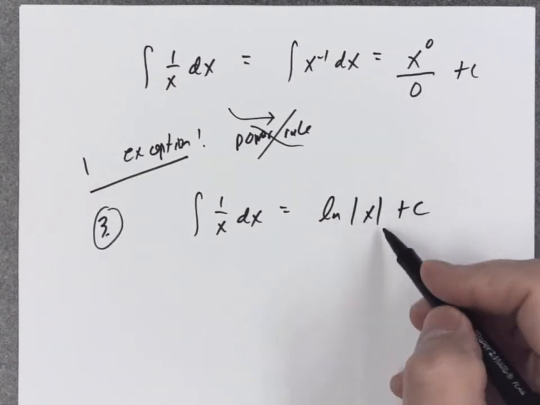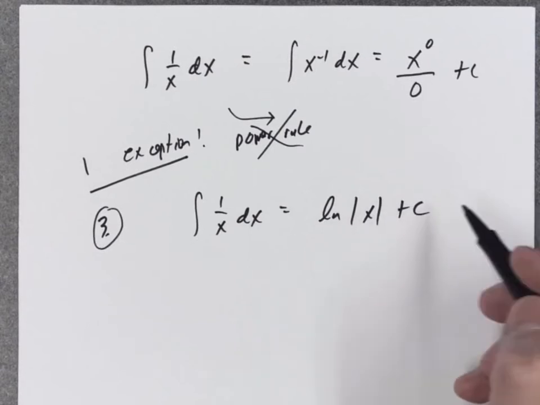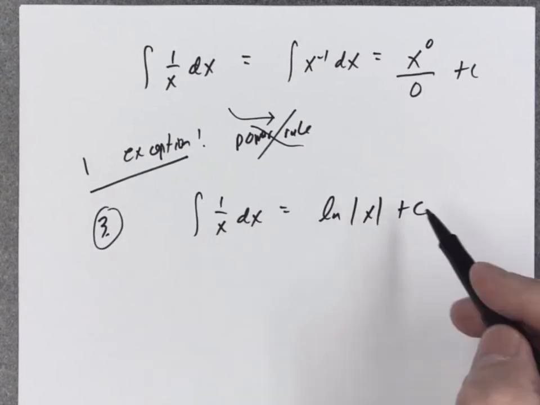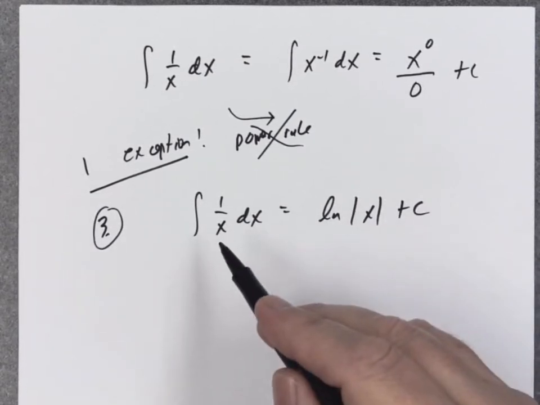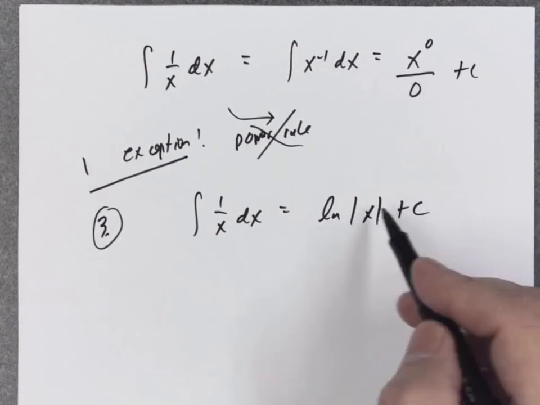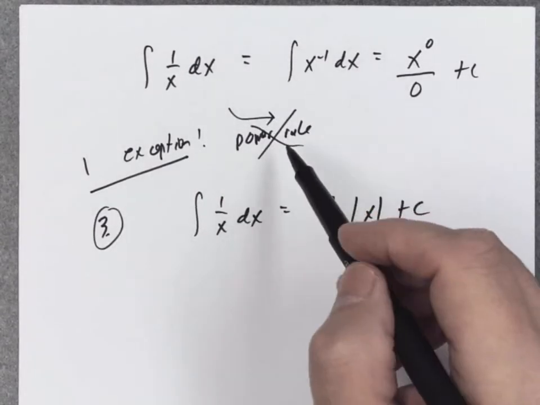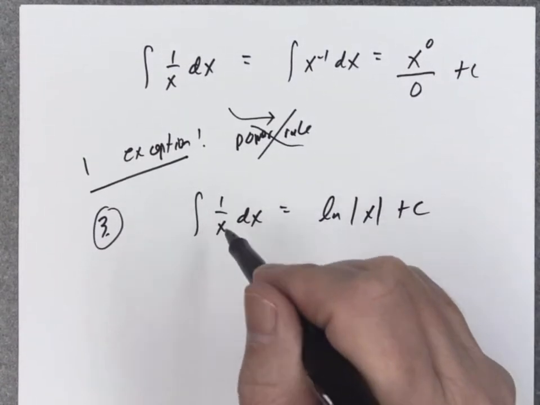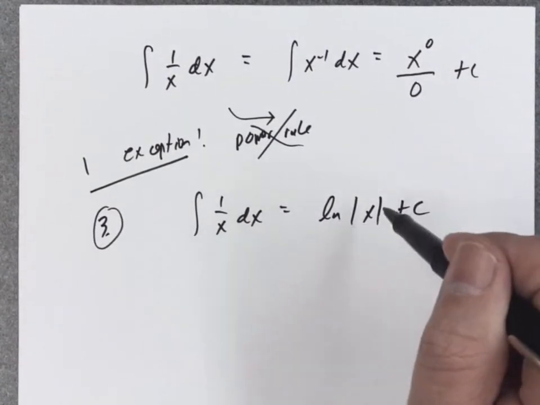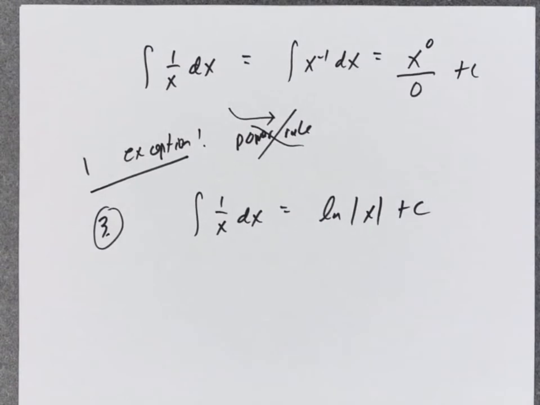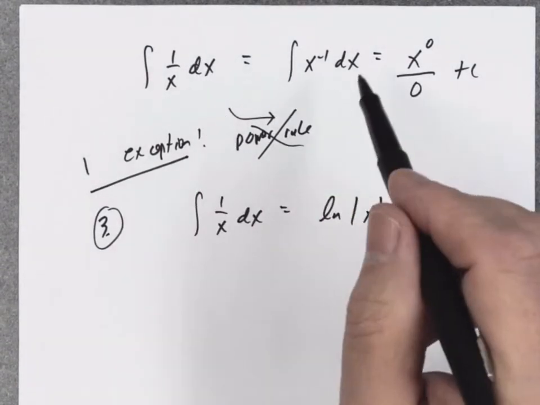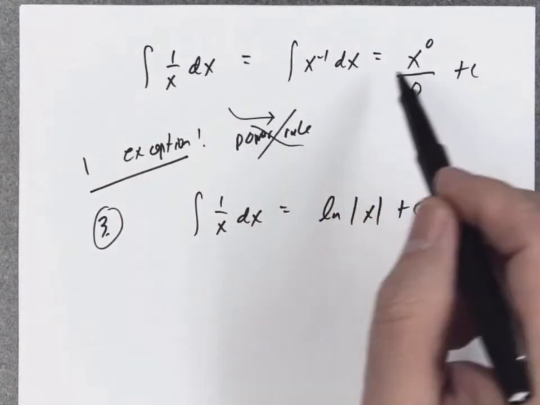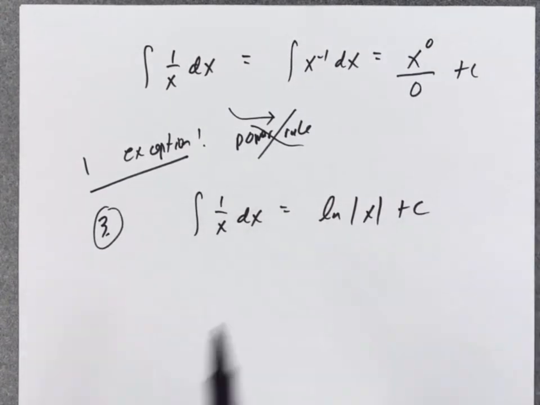So you have to put absolute values here around your x. So this is like a special one-off exception crazy rule, because the power rule doesn't work. Turns out when you take the integral of 1 over x, it's natural log absolute value of x. If the exponent is anything else besides -1, you follow the normal power rule. But this is the one sort of exception.